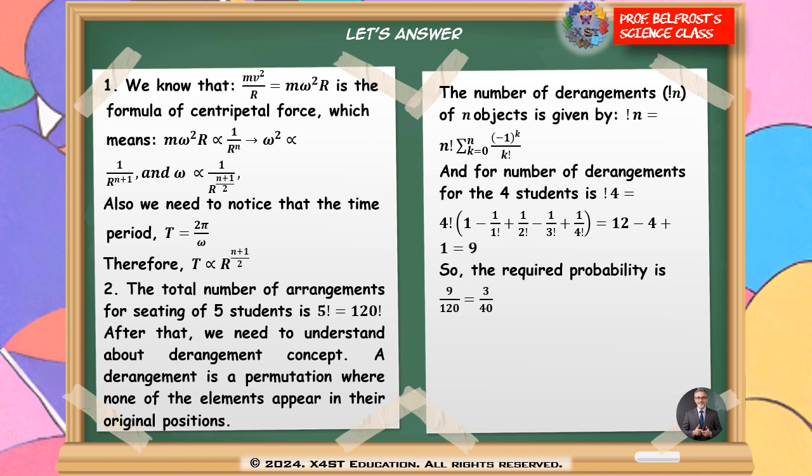The number of derangements is expressed by !n, of the n objects. The derangement of n is expressed in the formula as shown in the slide. So for 4 students, it is 9, and the required probability is 9 over 120, which is 3 over 40.